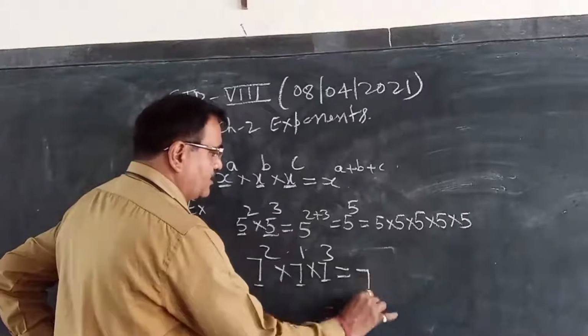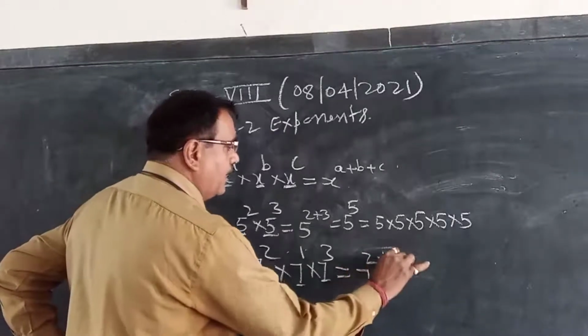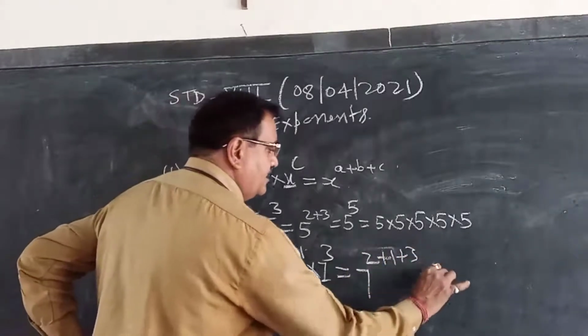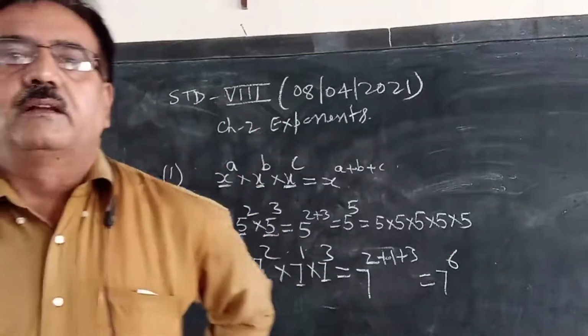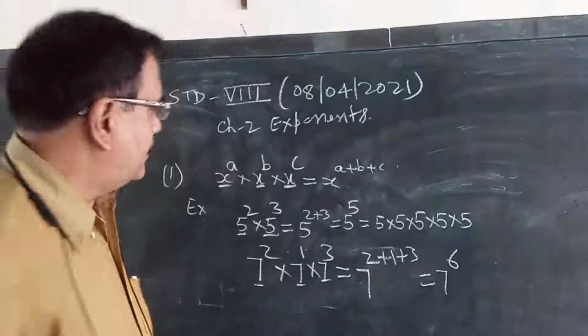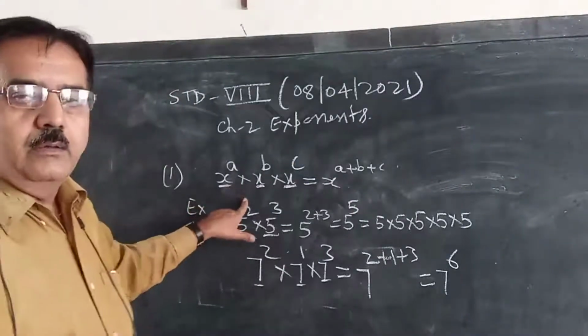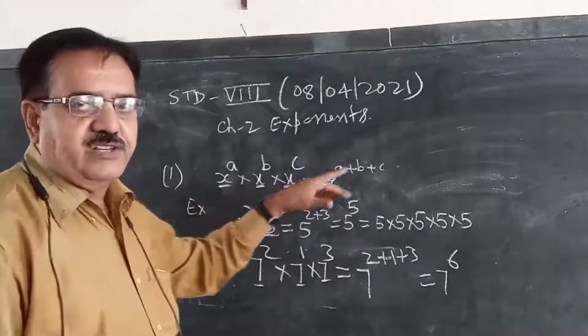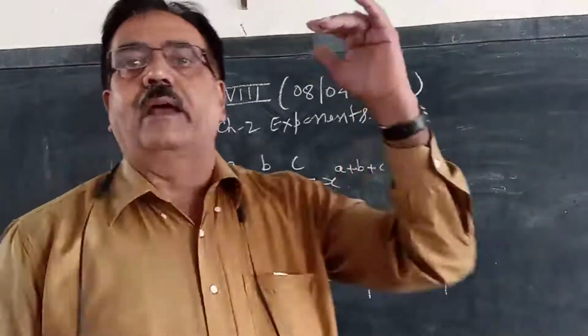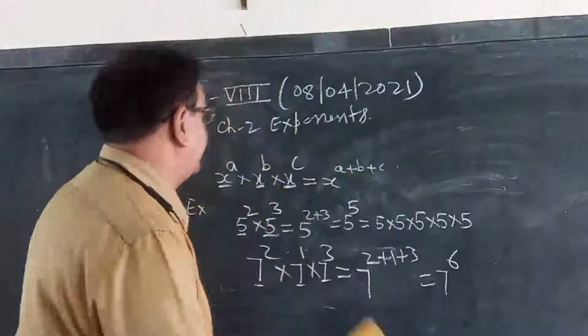So the value is 7 to the power 2 plus 1 plus 3, that is 7 to the power 6. This is the meaning. So this is the first law. What is the law? If the base is the same and among them there is a multiplication sign, the powers will be added. This is the first law of exponents.